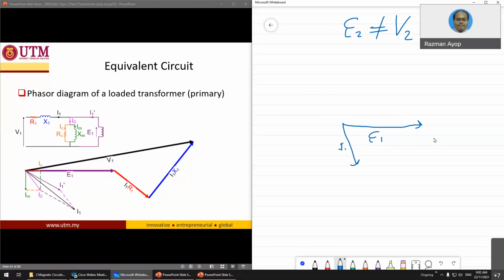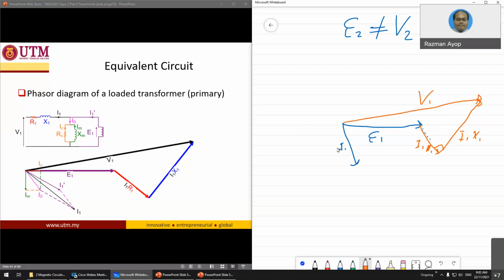Of course you have a parallel current here, I1 R1. Remember, resistance is always parallel to the current. So this one I1 X1 is 90 degrees, remember, because this is a reactance. And then you get V1.